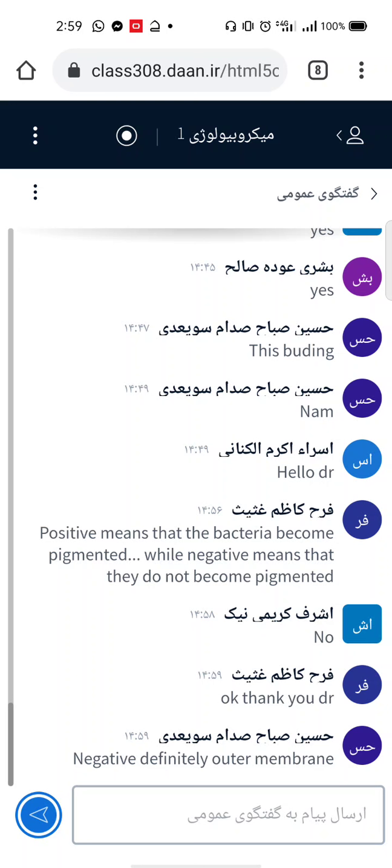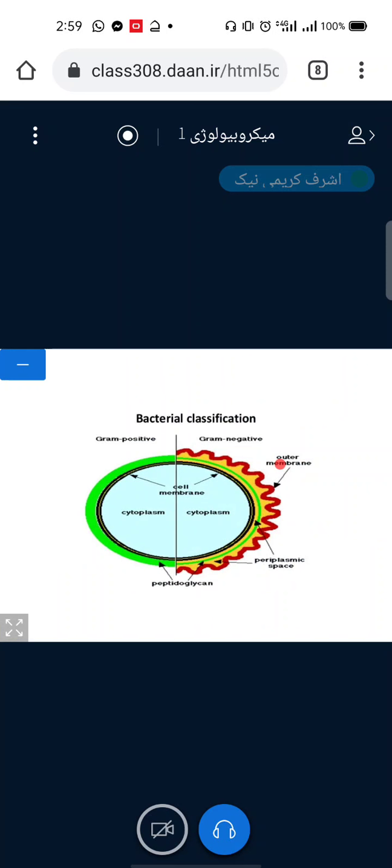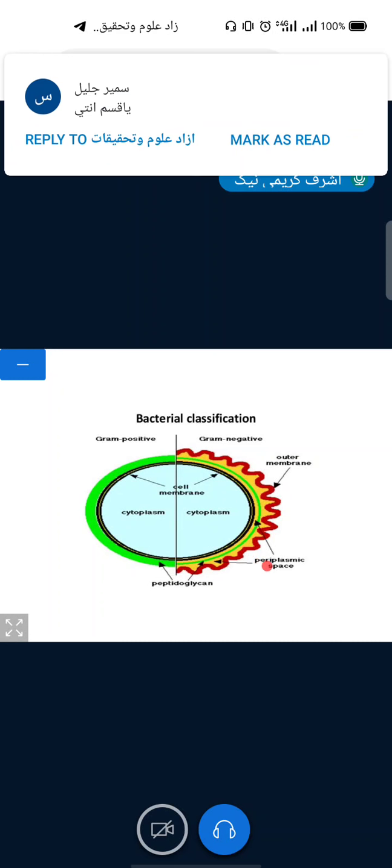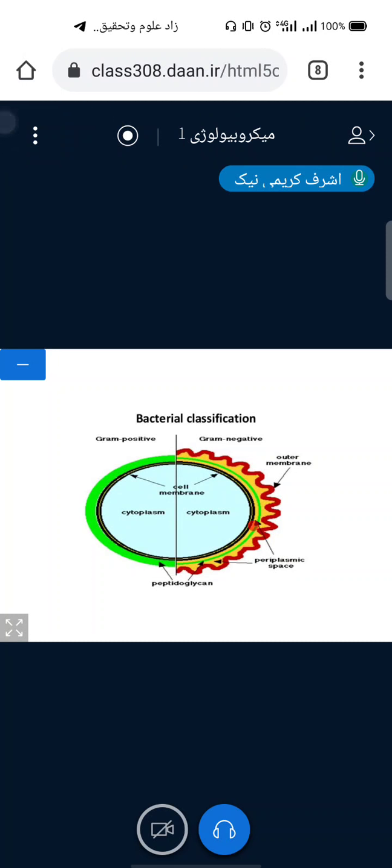But in gram negative bacteria, you see other layers: the outer membrane, in brown color, and the periplasmic space between the cytoplasmic membrane and the outer membrane.